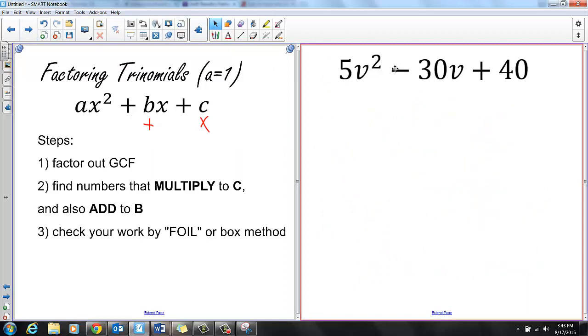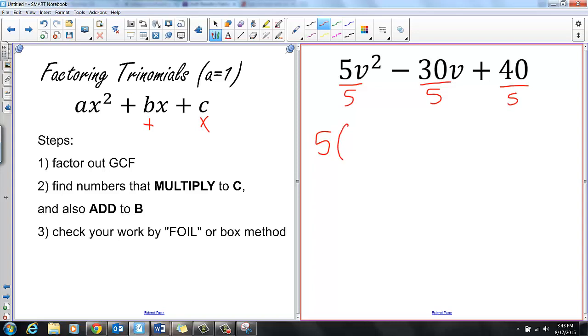So step one is factor out GCF, and we want to think to ourselves, what do each of these terms have in common? So what does 5v squared, negative 30v, and positive 40 have in common? And hopefully we see that they all have a 5 in common. So what we can do then is essentially divide each of these by the GCF, just to help us remember what goes inside the parentheses here.